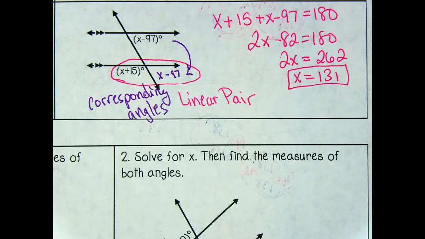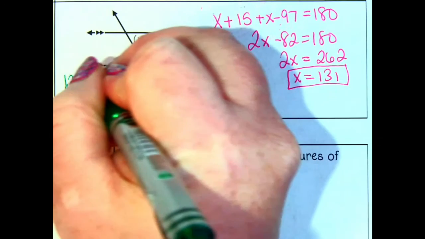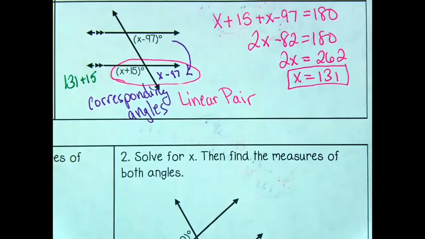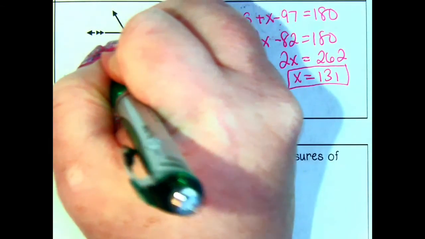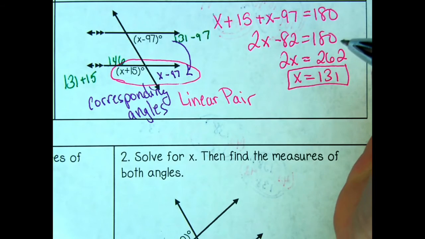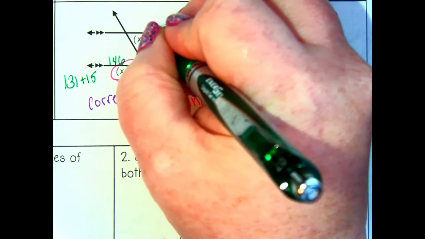So we are going to substitute here just to make sure that we thoroughly and completely answer the question. So I would take 131 plus 15, and I would get that this angle is 146 degrees. And then I would take 131 minus 97, and I would get that this angle is 34 degrees.